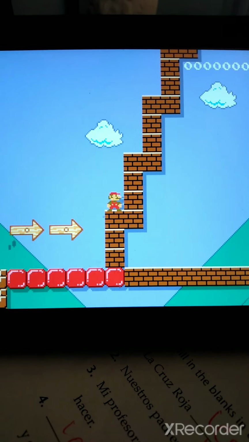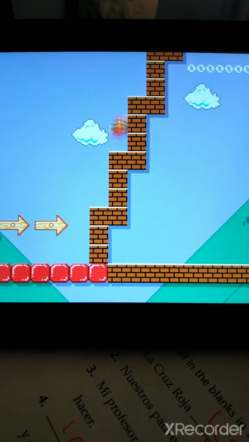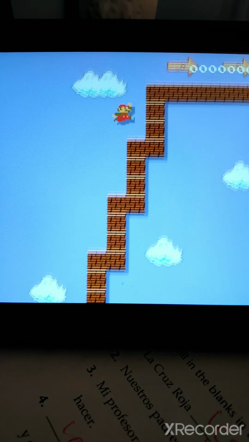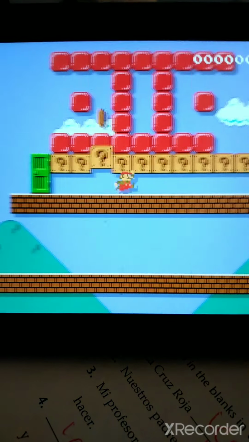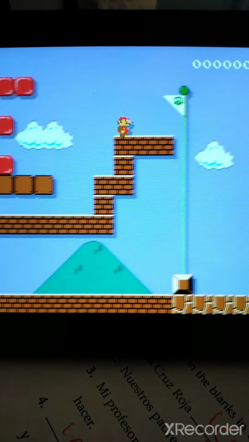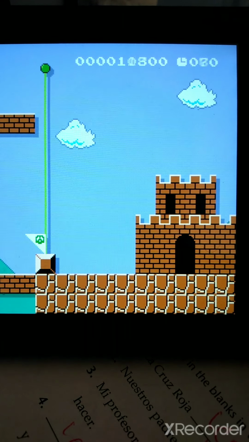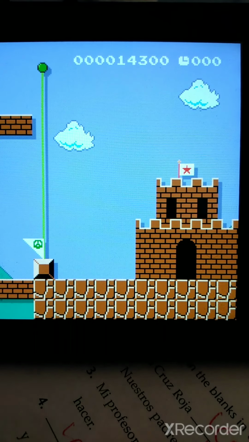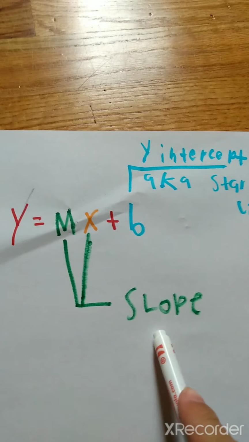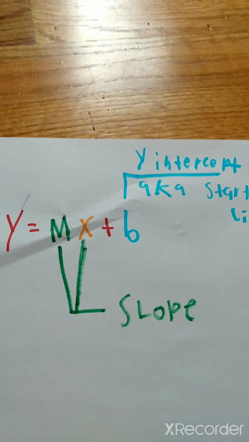So rise, run, rise, run, and again, and again. So that's why it's rise over run.